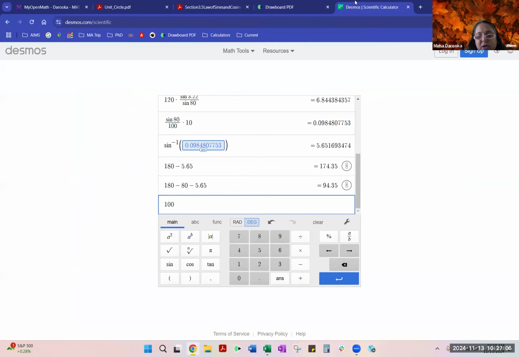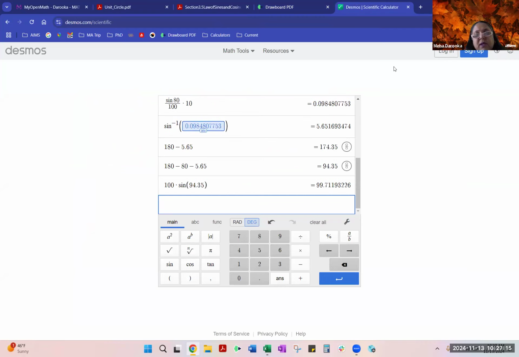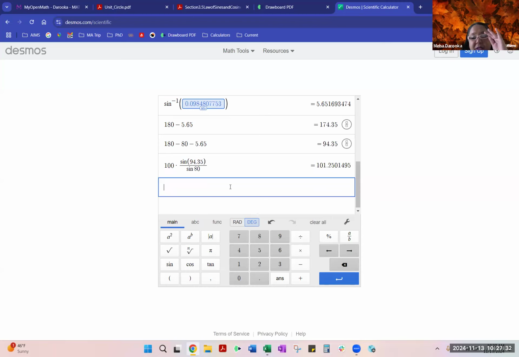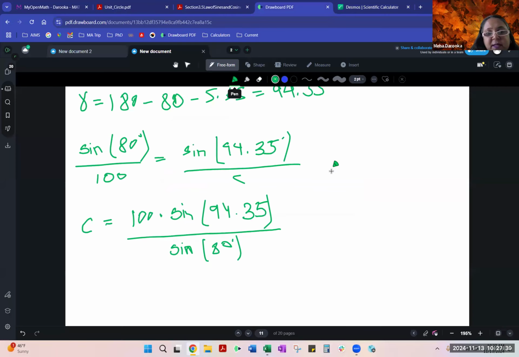So let's take a look here. 100 times sine of 94.35 divided by sine of 80. Oh, I'm saying 80, but I'm typing in 90. Sorry about that. Yeah, so again, rounding it to 2 decimal places, looks like it would come out to be 101.25, right?